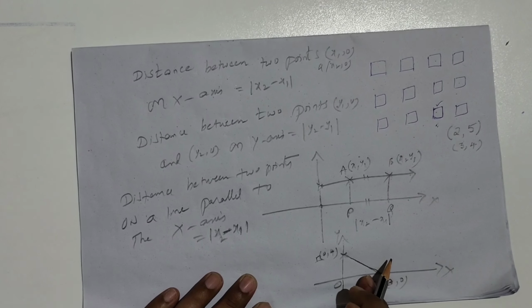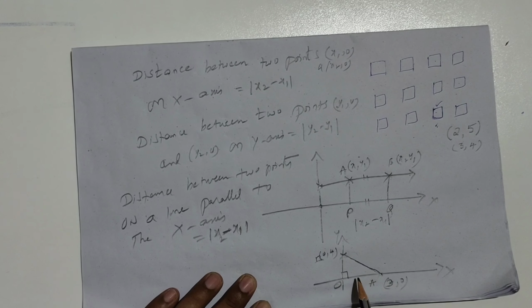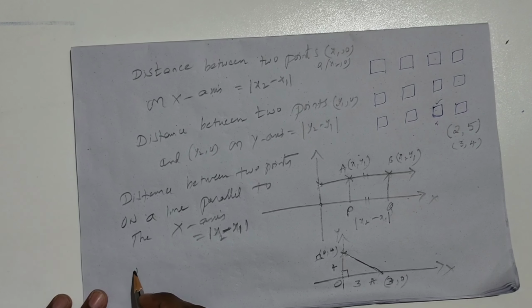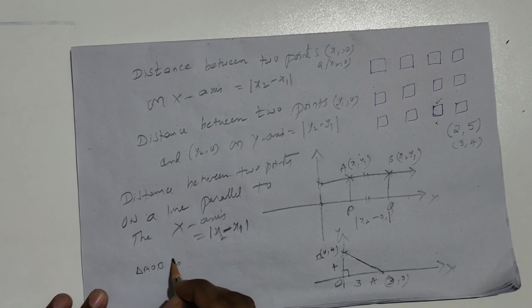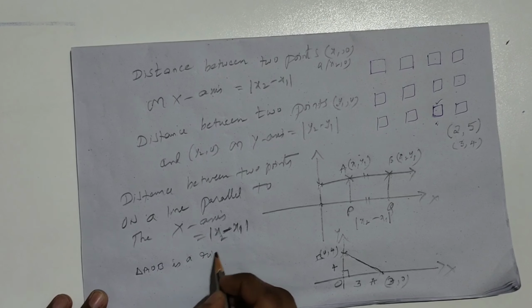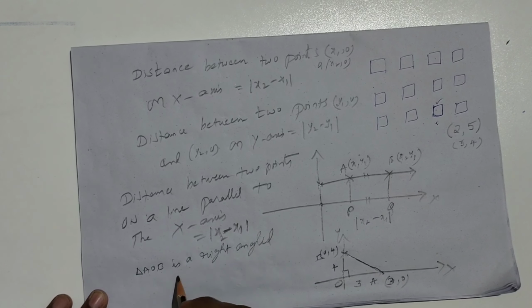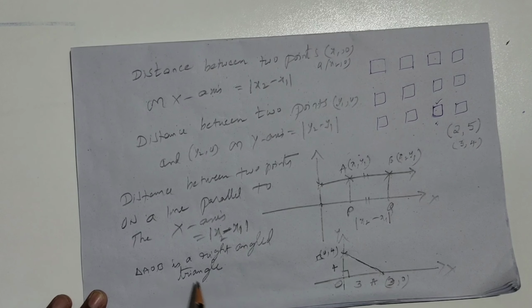Okay, now here actually by observing the figure, it is a right angled triangle. So from O to A we have 3 units, O to B we have here 4 units. So the triangle AOB is a right angled triangle. So we can apply Pythagoras theorem.